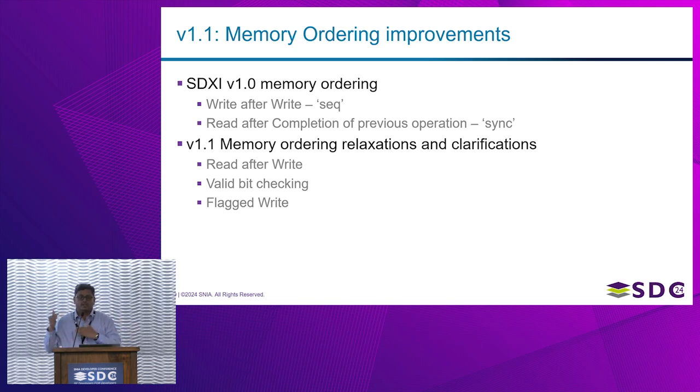That's a kind of synchronization that we allowed in 1.0. With 1.1, we are now also allowing you to do the reads after the previous writes have been flushed into global memory, and that's one of the ways that you can do your ordering without having to fully wait for your operations to complete.